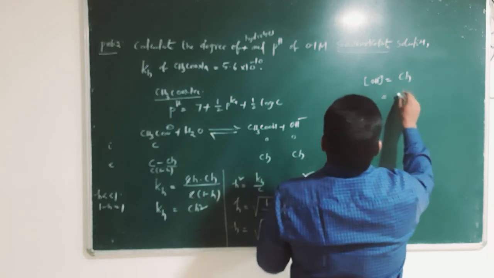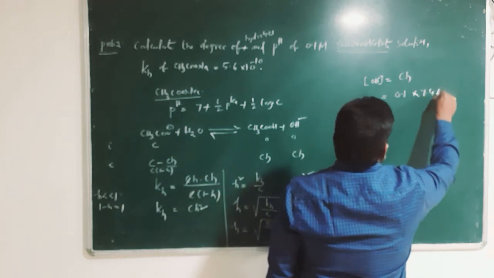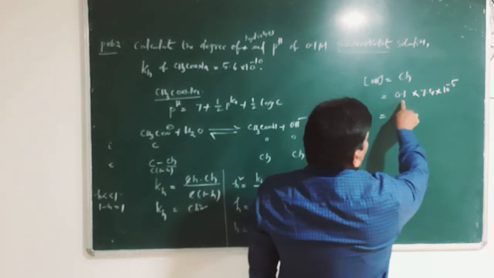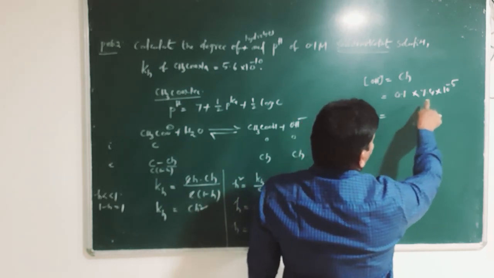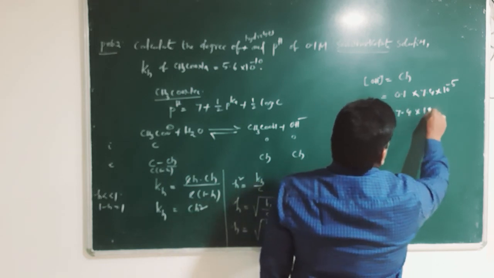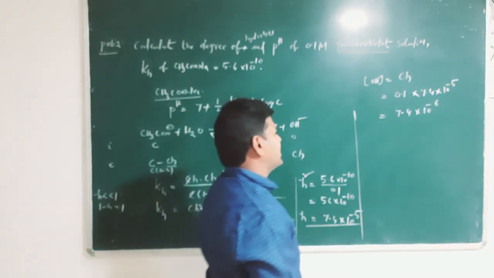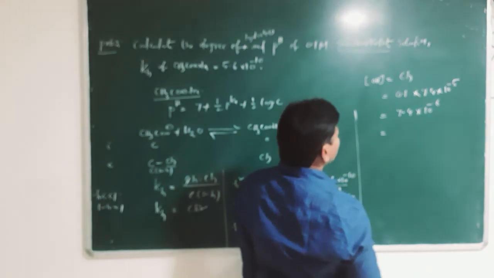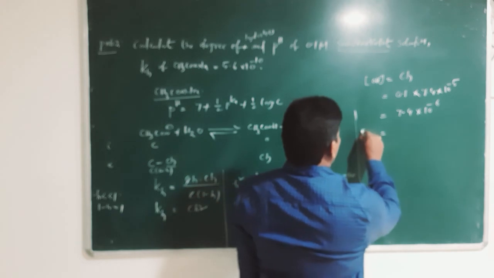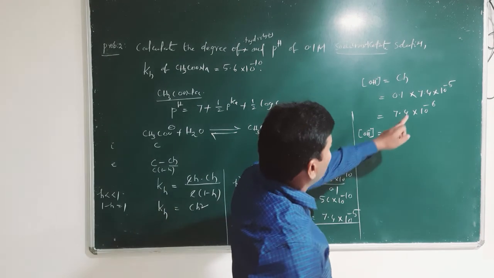So C, that is 0.1, into h, 7.4 into 10 power minus 5, gives 7.4 into 10 power minus 6. So the concentration of OH minus is 7.4 into 10 power minus 6.